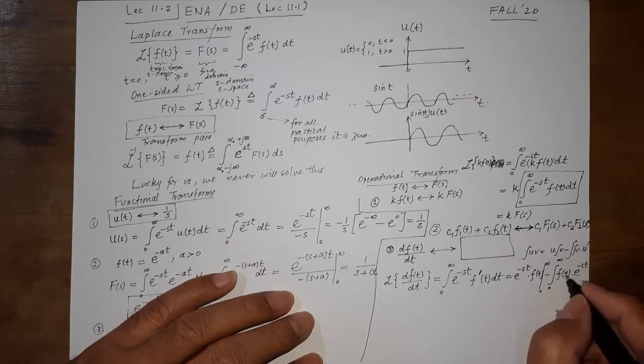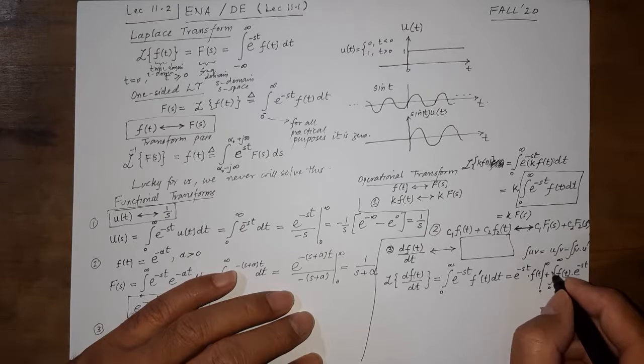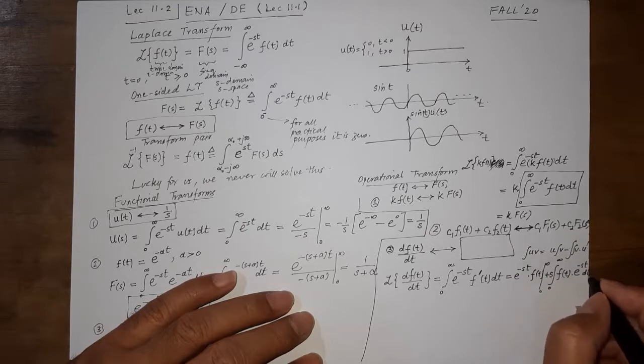So the minus s comes out, giving plus s and a dt here.